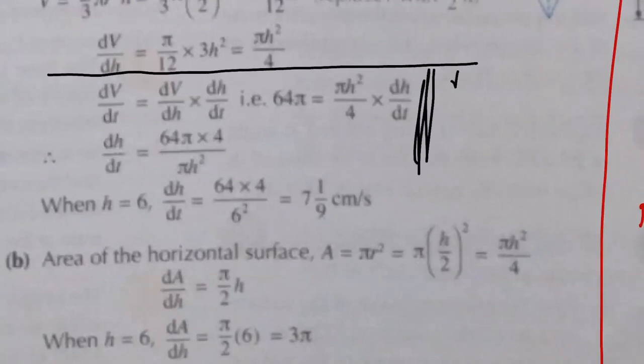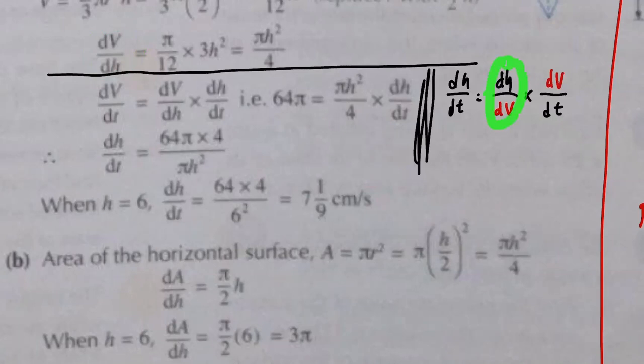I would say dH by dt equals dH over something times something over dt. Then I realize I have dV by dH, so I can put a dV at the bottom and the top. But this one is dH by dV, and that one is dV by dH, so they're upside down. Then I also flip it upside down: 1 over pi h squared over 4, which is 4 over pi h squared.